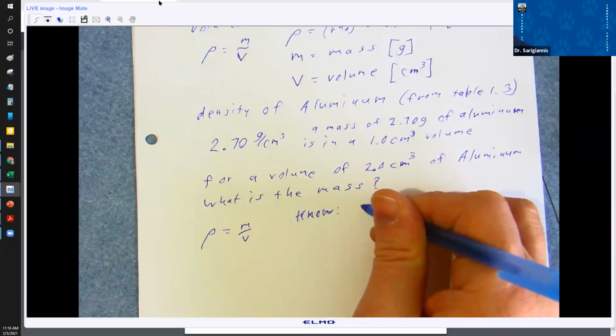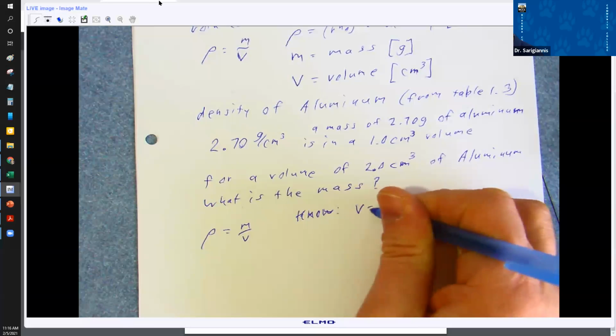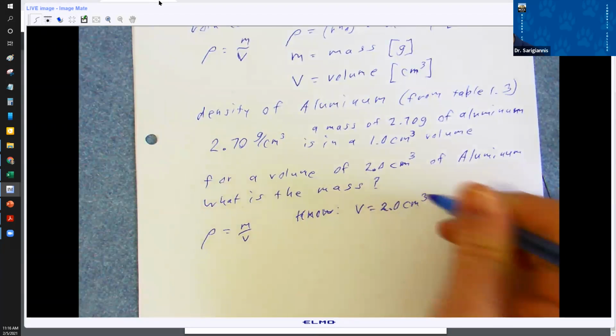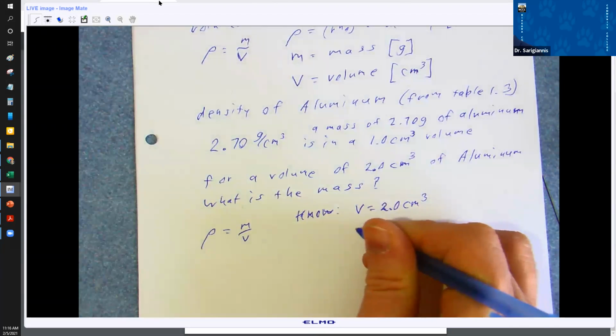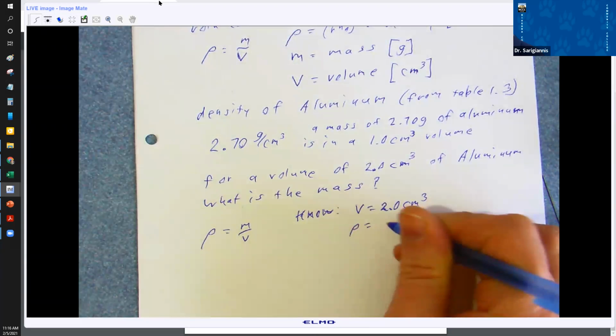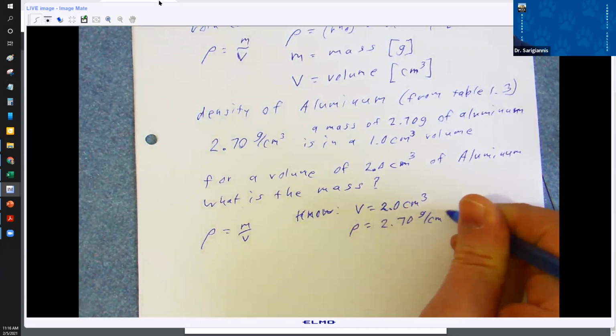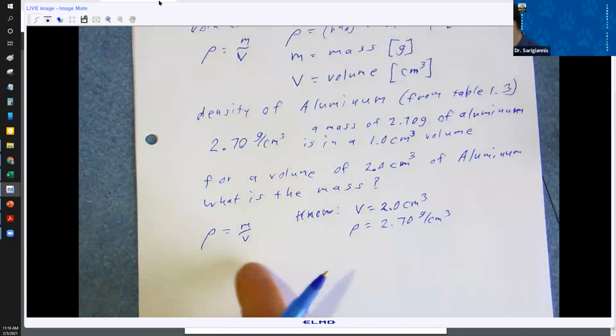We know volume is 2.0 cubic centimeters, and we know the density of aluminum is 2.70 grams per cubic centimeter. Now we just have to rearrange this equation to find M.